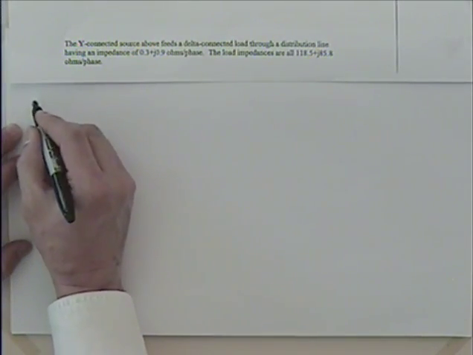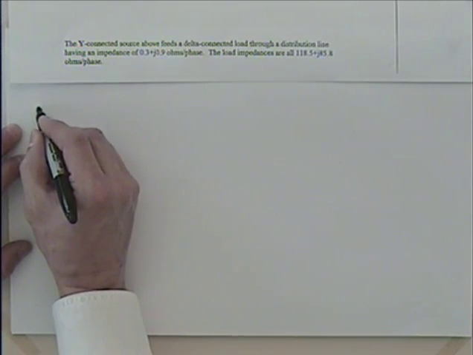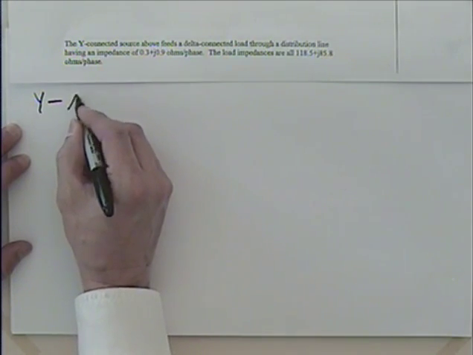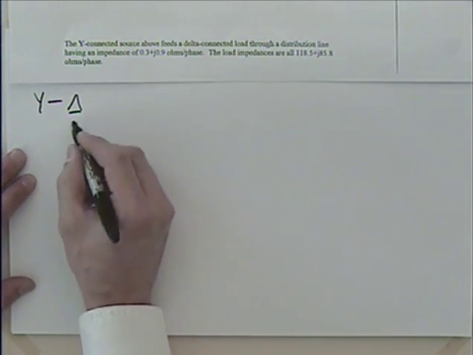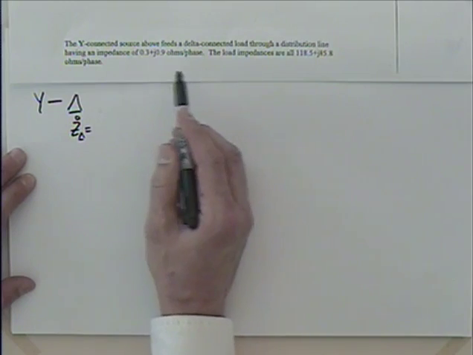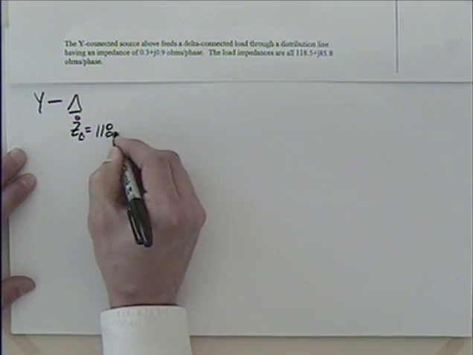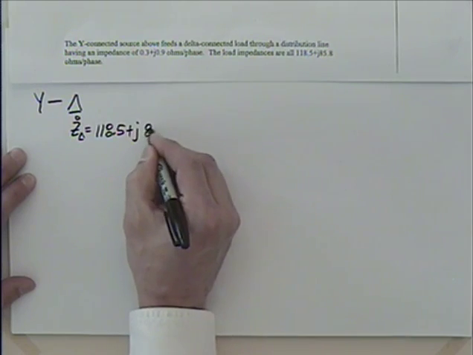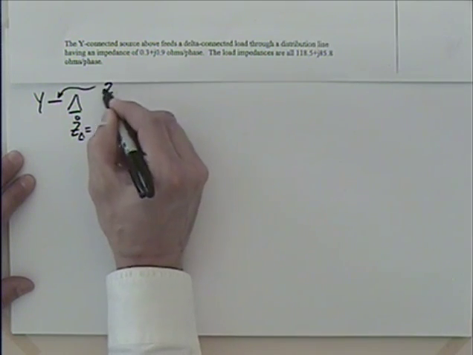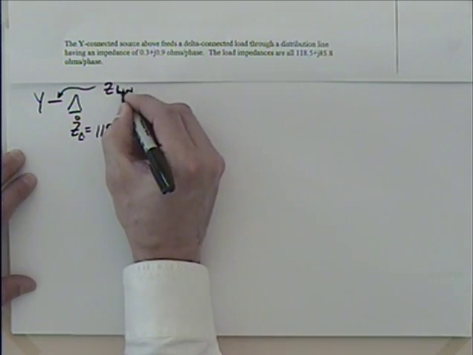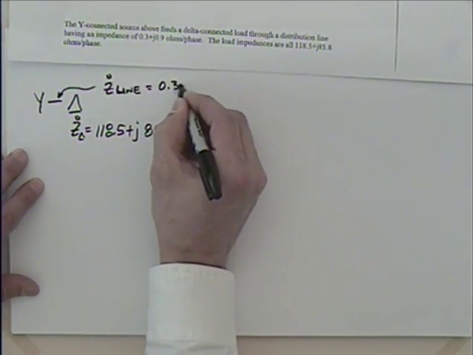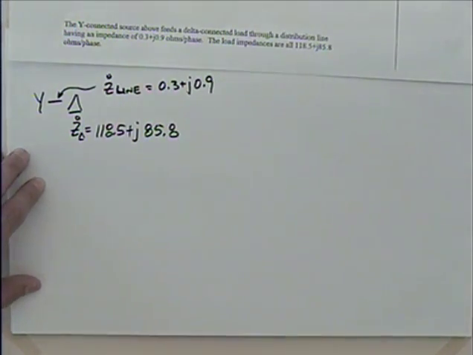We have the Y that we had before feeding a delta. Each one of the deltas, Z sub delta, is given as 118.5 plus j85.8. And the impedance of the line connecting them, we're told, is 0.3 plus j0.9.